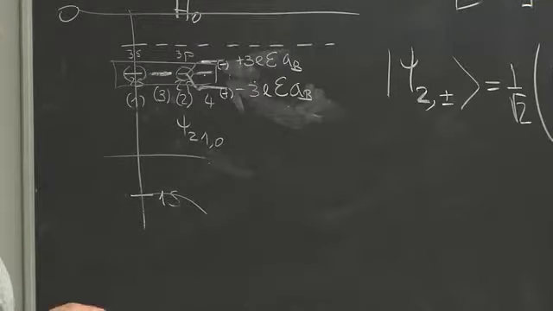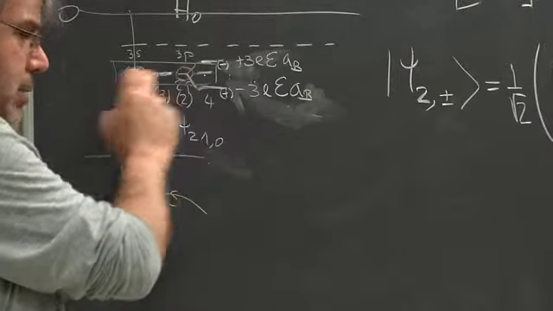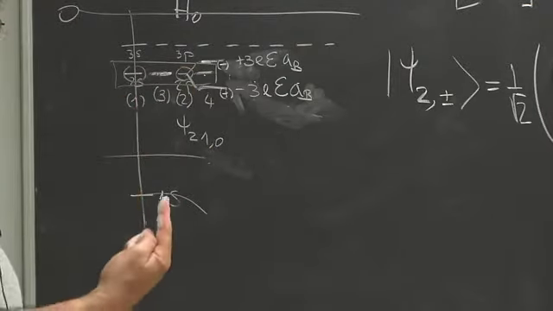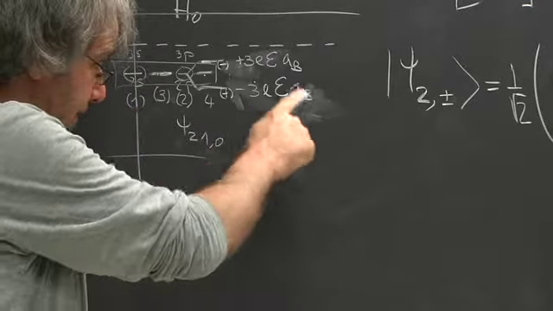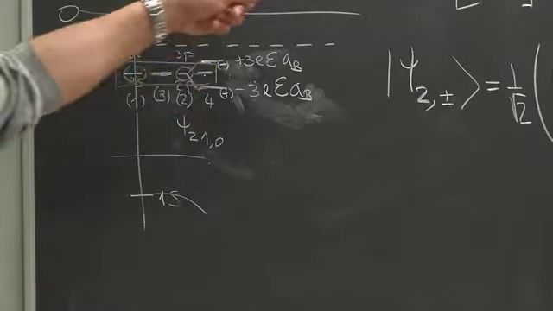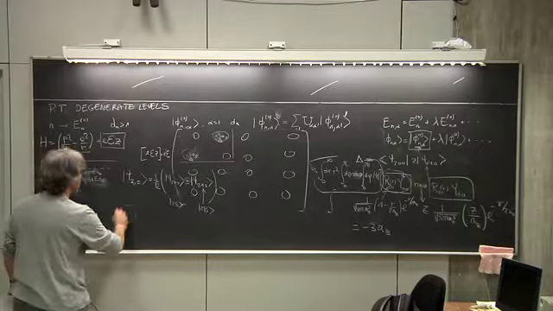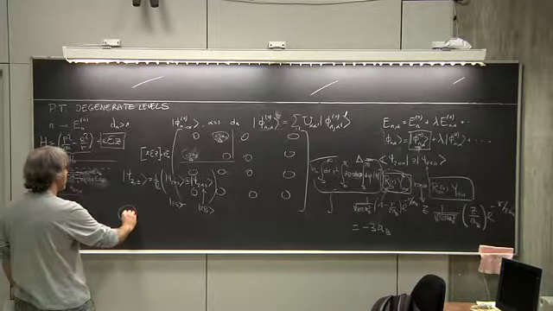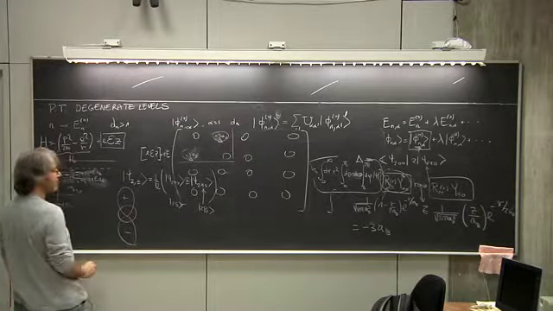Is this clear? This is what I was calling before the splitting of the degeneracy. It's not fully split, by the way. Some degeneracy remains, but the electric field splits the degeneracy between the 2s and the 2pz. And you realize, after all, the 2pz is along z, and therefore you essentially make a combination. The 2s is spherically symmetric. The 2pz is something like this, with a positive and negative lobe.